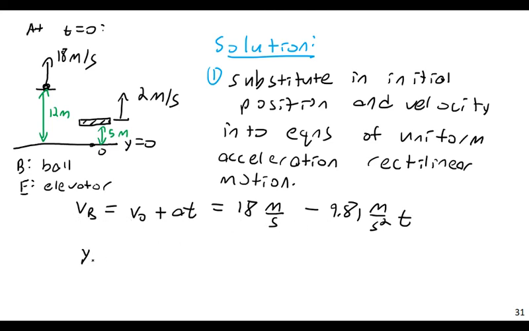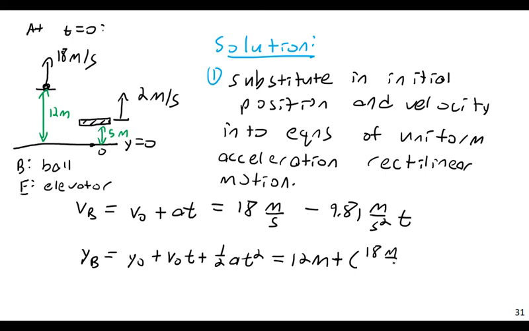And YB is equal to Y naught plus V naught t plus 1/2 AT squared, which equals 12 meters plus 18 meters per second times t minus 4.905 meters per second squared times time squared.